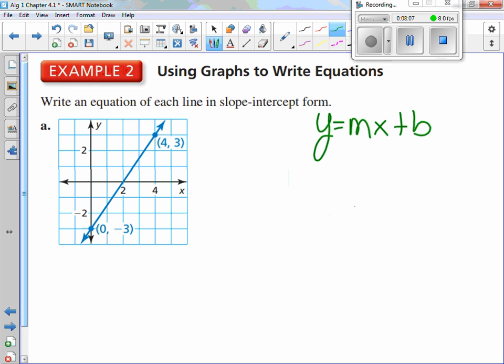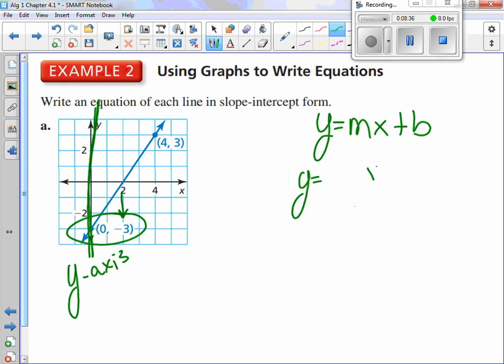The y-axis. And this right here is our y-axis. So where it crosses it is at 0, negative 3. So the value of b, the value of the y-intercept, would be what? And it won't be 0. It's the y value, the negative 3.